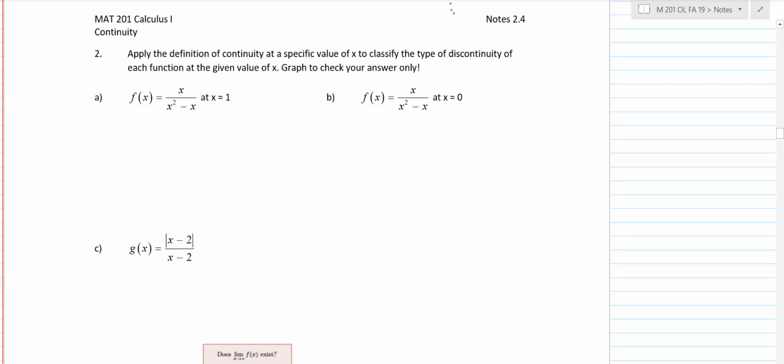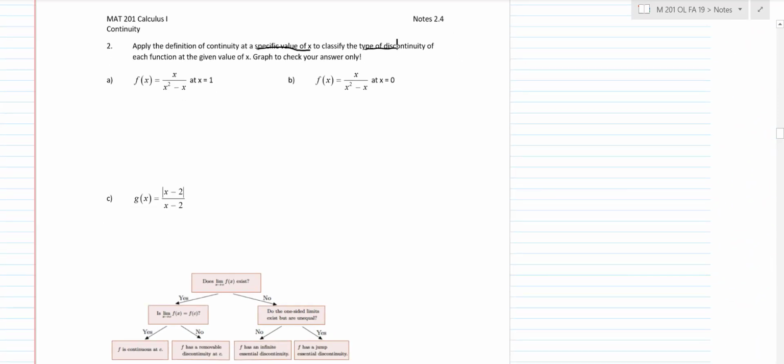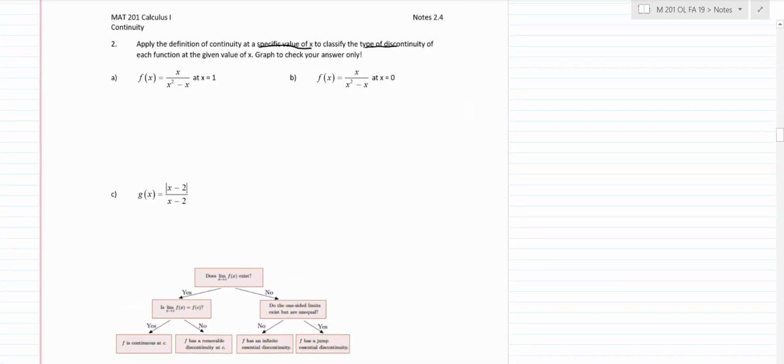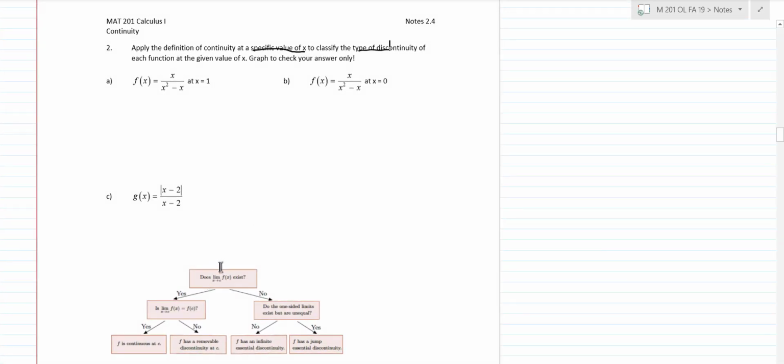So what we're going to do on this one is apply the definition of continuity at a specific value of x, and we're going to classify the discontinuity of each function. So I want you to use the flow chart on this one. I want you to go ahead and pause the video and do this.